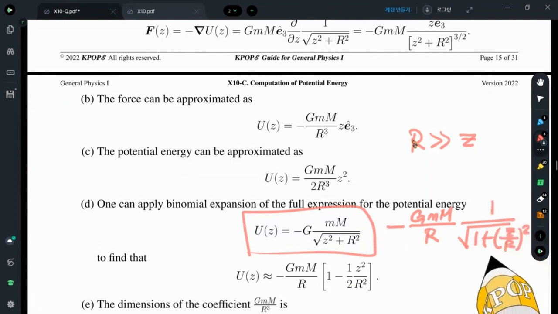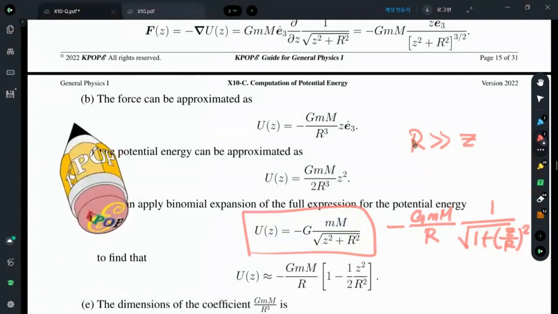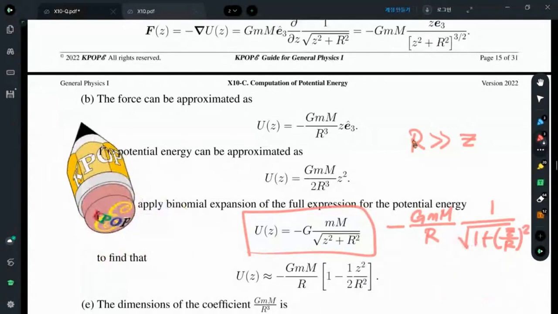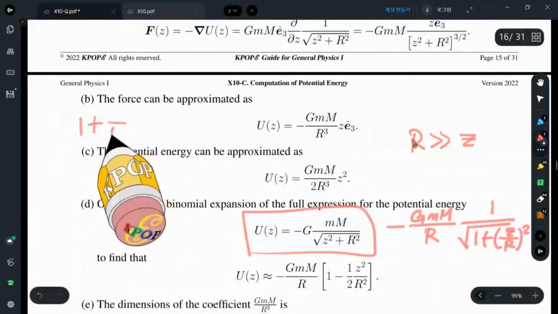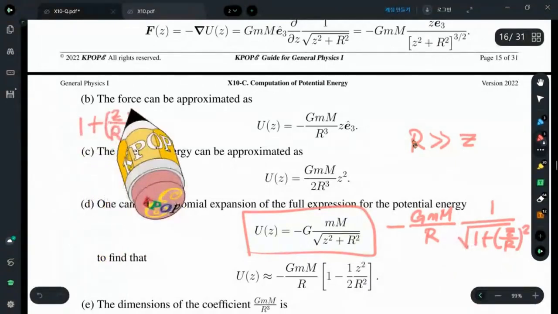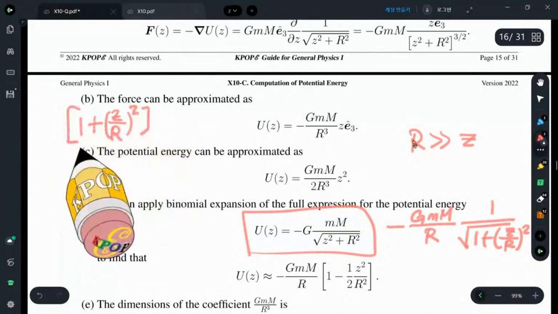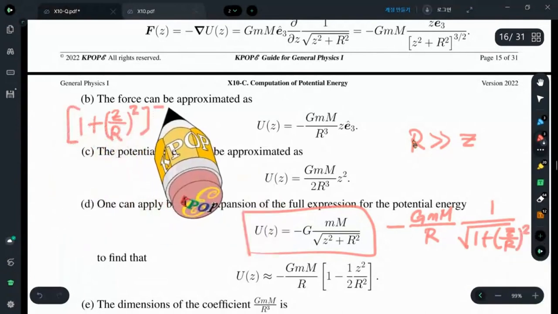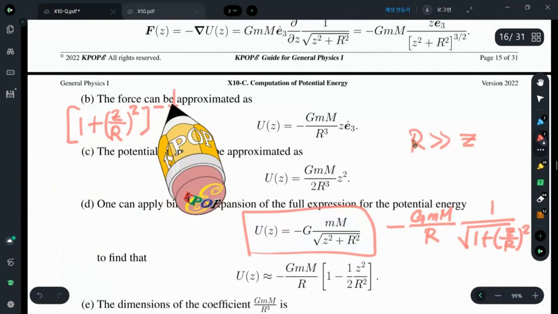Now, we can apply the binomial theorem. We remember this is 1 plus something squared, and what is the power? Minus 1/2.